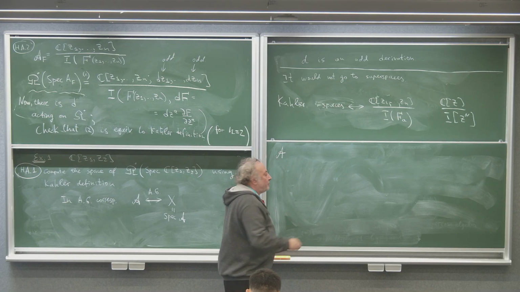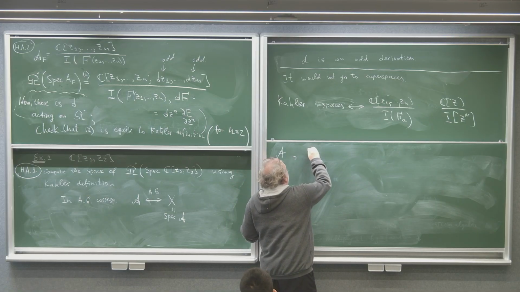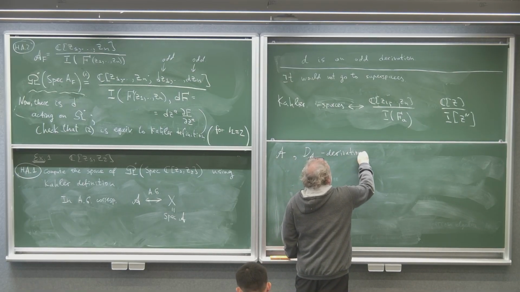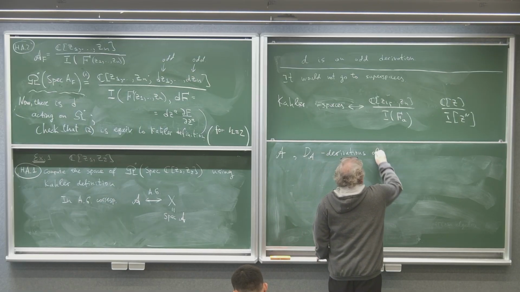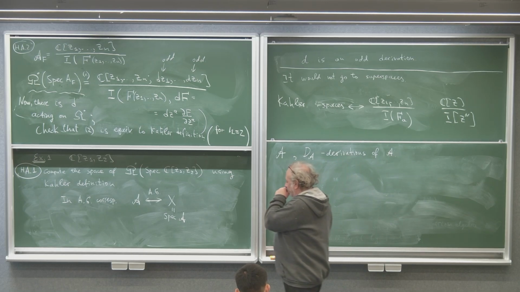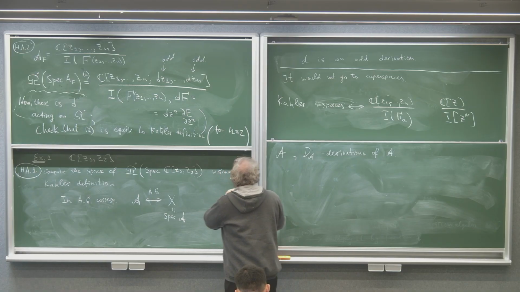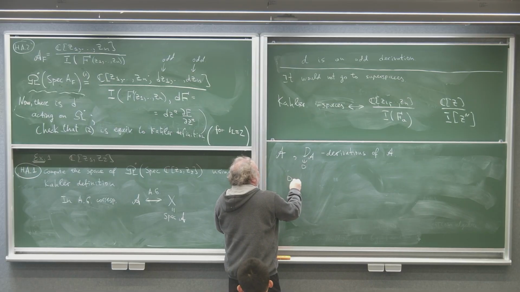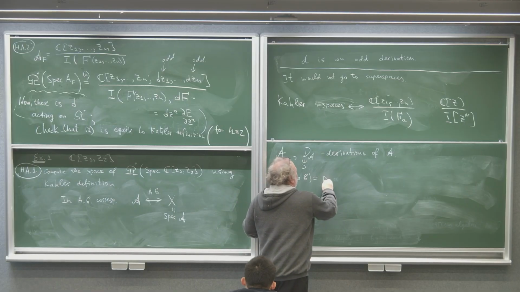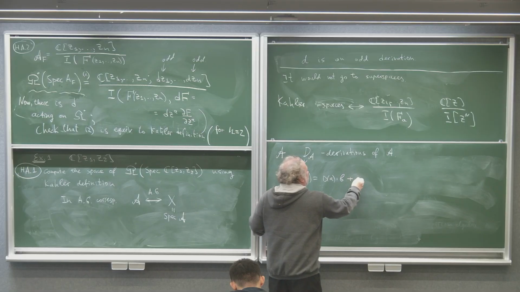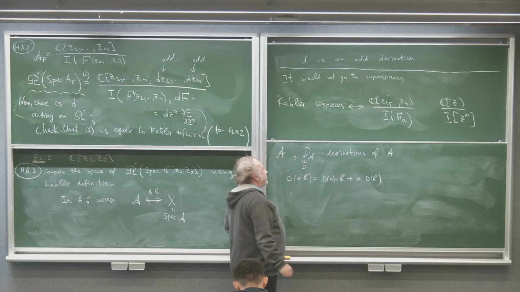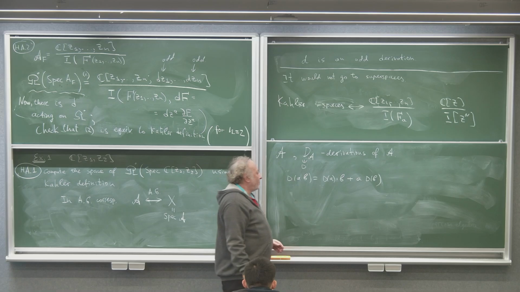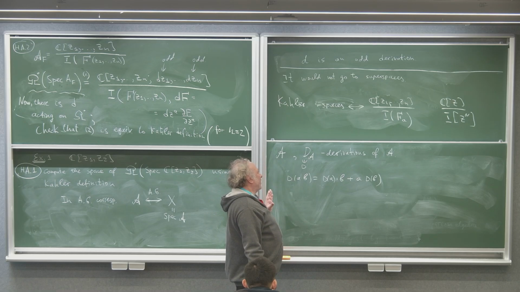Now let us come back to A and remember that we have dA, the derivative of A. I just remind you that d(AB) was dA B plus A dB. Now I will tell you something.